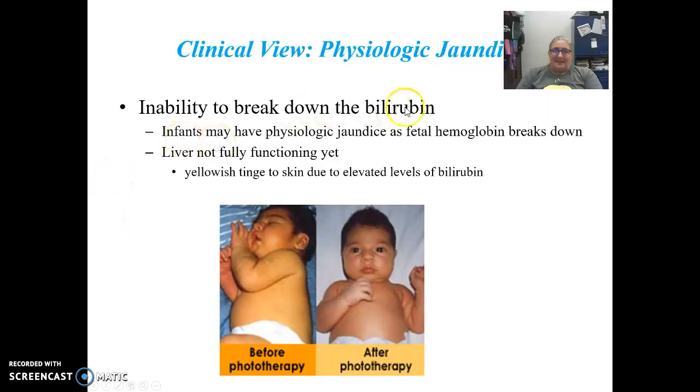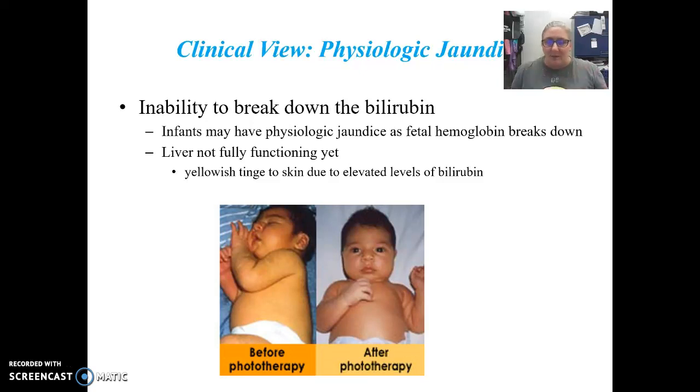That can actually lead to jaundice. Jaundice is the inability to break down bilirubin. When the baby is born, the fetal hemoglobin has to be broken down, and adult hemoglobin is formed. If the liver doesn't have full function yet, then it's not able to break down the hemoglobin molecule properly.